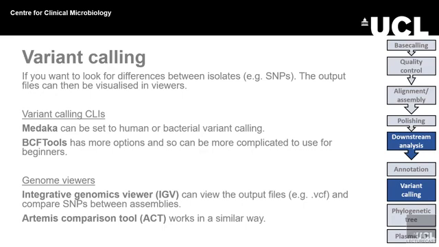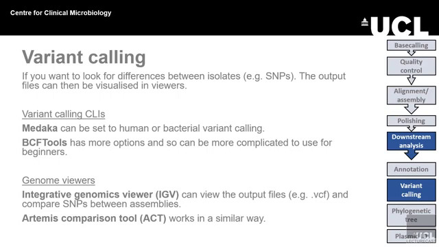Variant calling is a really useful one. If you're wanting to look at differences between isolates, so looking at single nucleotides, for instance, this is individually within a text reader, or you can use viewers. There are different variant calling programs.